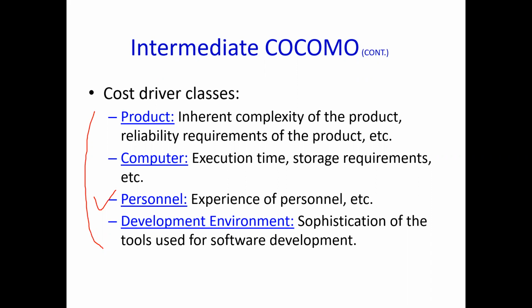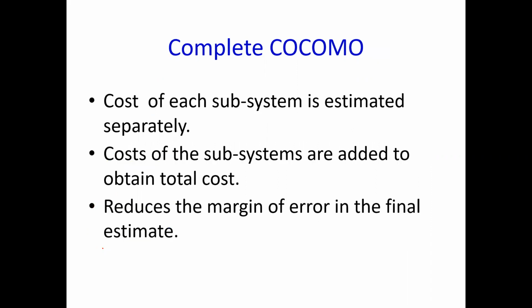Now complete COCOMO tells us it is better not to use basic and intermediate alone. What we will do is make subsystems. In complete COCOMO, we make subsystems. That means for the design phase, I will calculate time and effort separately. For the coding phase, I will calculate time and effort separately.